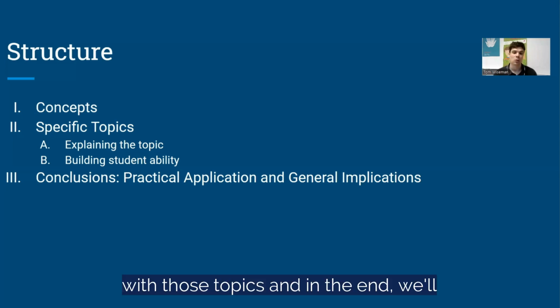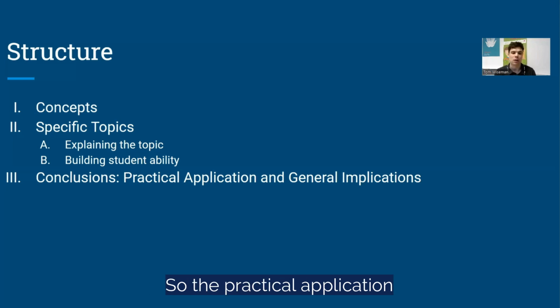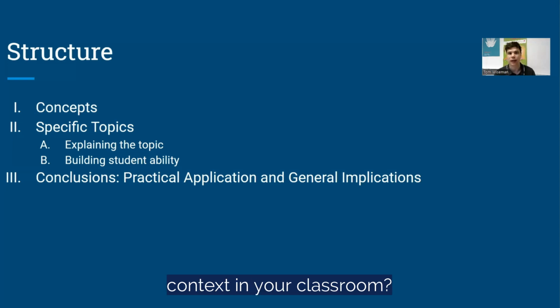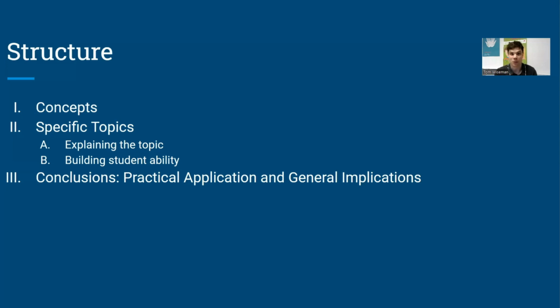And in the end, we'll talk about practical application and general implications. The practical application is all about flexibility: how you can use these explanations in your context, in your classroom. Because I may not know you personally right now.